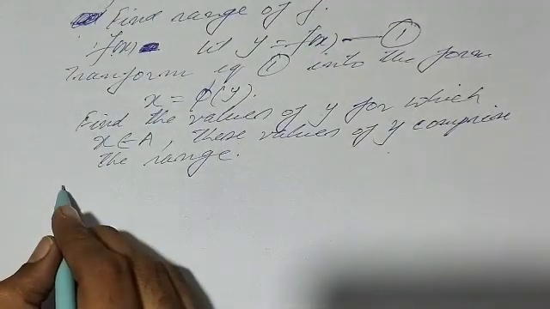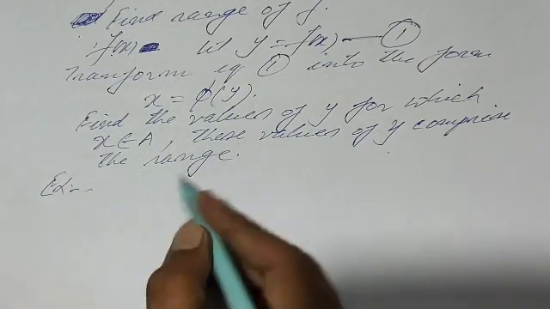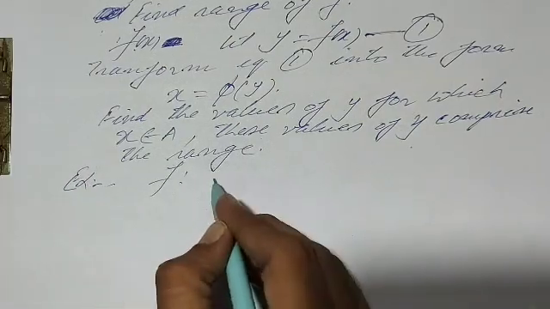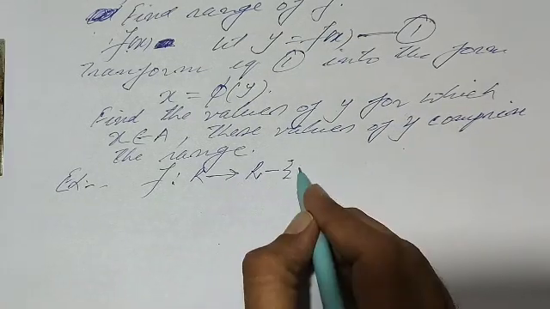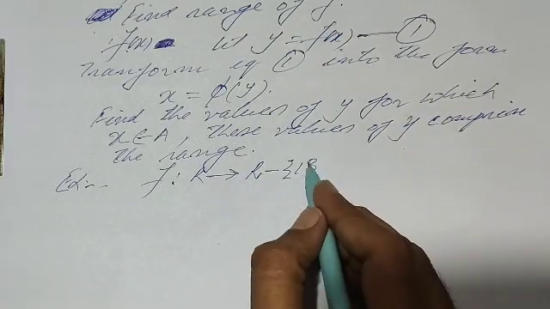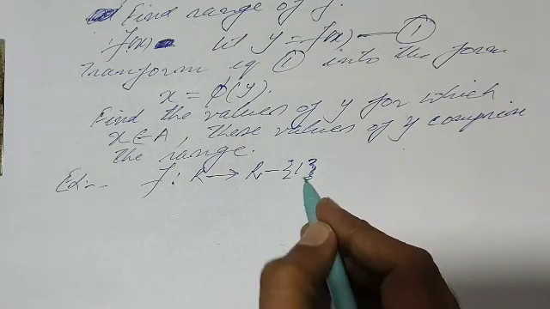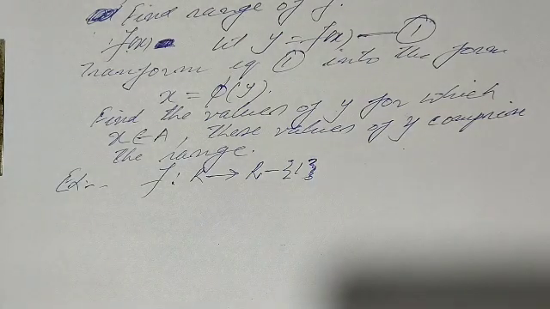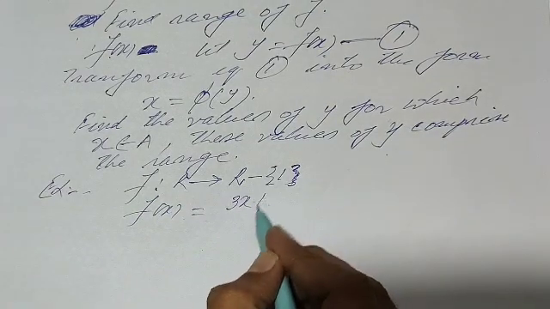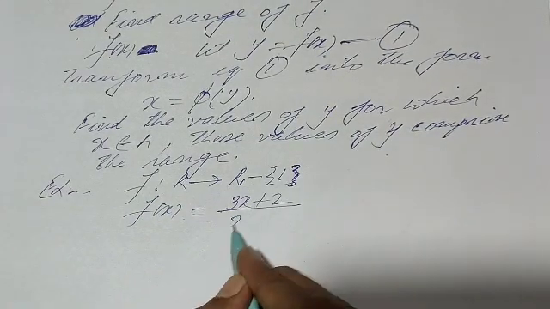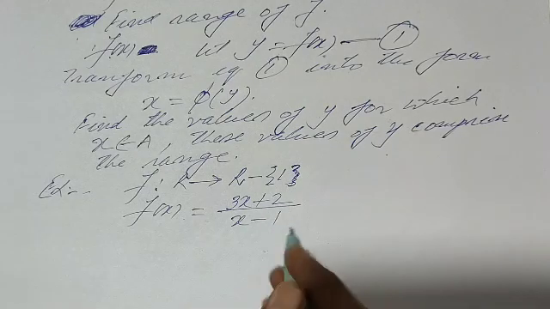So let us take an example. Suppose f is a function from R to R minus curly bracket 1. R minus curly bracket 1 means all the real numbers except 1. f(x) is defined as (3x plus 2) upon (x minus 1).